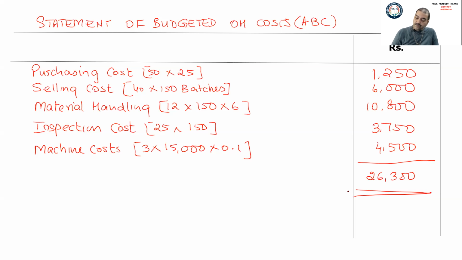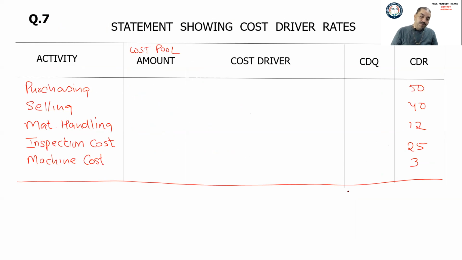It is clear. Now, what we'll do is just go back to the previous statement. That cost pool is given to you now. Take the total of that cost pool. Tell me how much. 5 lakh 3,000.